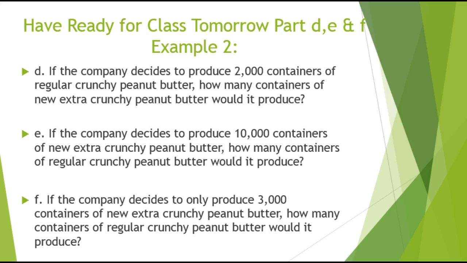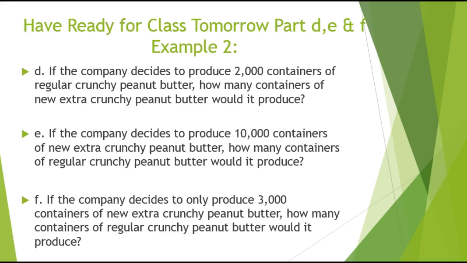Have ready for class tomorrow, parts D, E, and F of example 2. D. If the company decides to produce 2,000 containers of regular crunchy peanut butter, how many containers of new extra crunchy peanut butter would it produce? E. If the company decides to produce 10,000 containers of new extra crunchy peanut butter, how many containers of regular crunchy peanut butter would it produce?